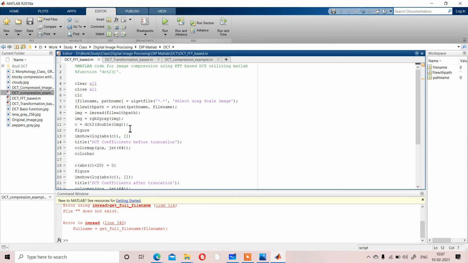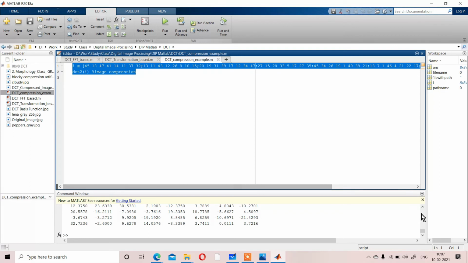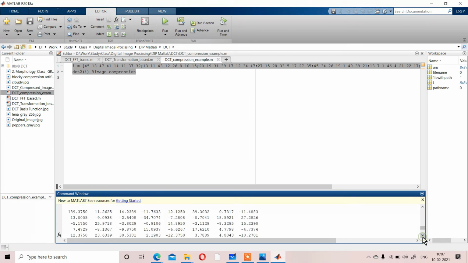Then I am showing log of abs of C, means the absolute value of C we are going to show, because in DCT you have seen that you are getting positive values as well as negative values. Simply if we run that, see, if we do the DCT of that image I, you are getting all real values, but positive and negative.